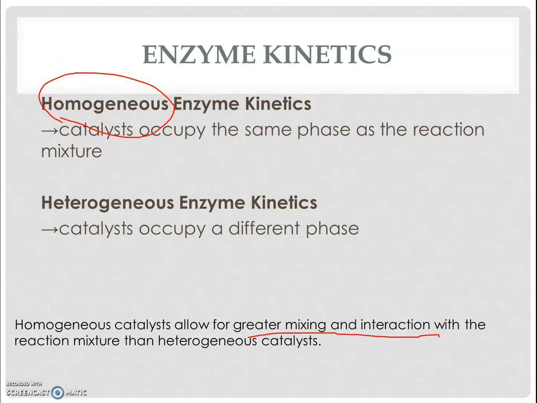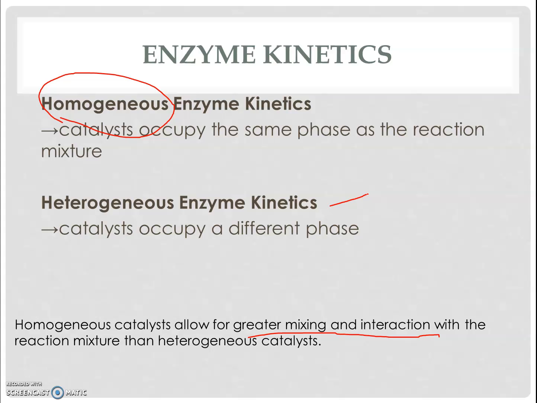For the heterogeneous, I can give you an example. Usually for this enzyme kinetic study, the example of heterogeneous is immobilized enzyme. In the immobilized enzyme study, you may come across entrapment or encapsulated enzymes in a matrix or in a material.